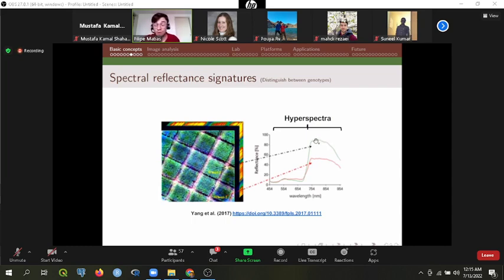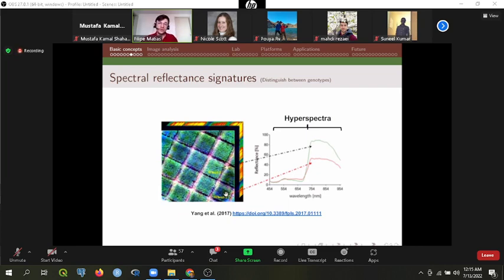in the near-infrared region, which means more healthy, more green, because this region is normally related with greenness and water concentration. So that means this plant is healthier than this other genotype, which is right here.